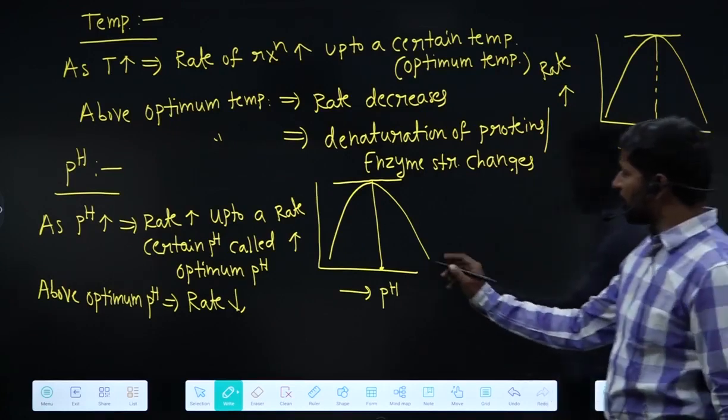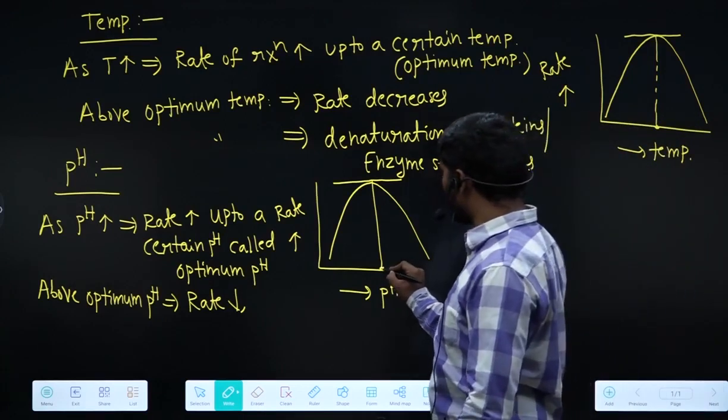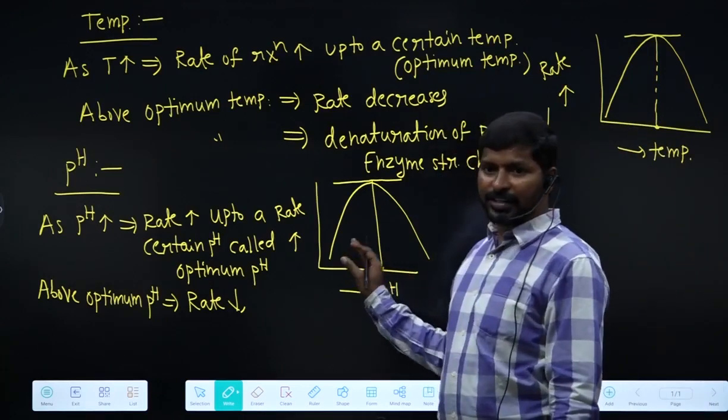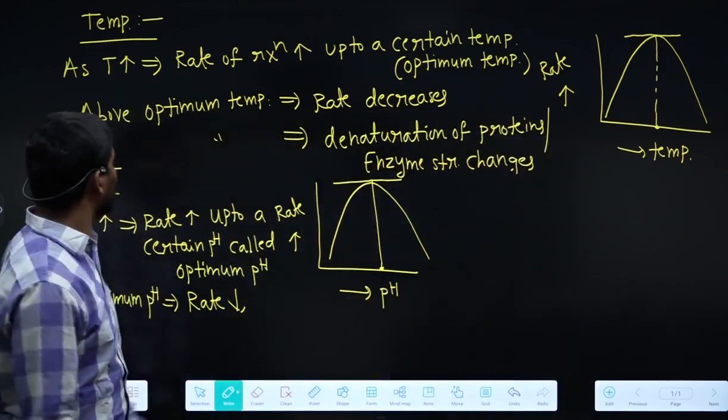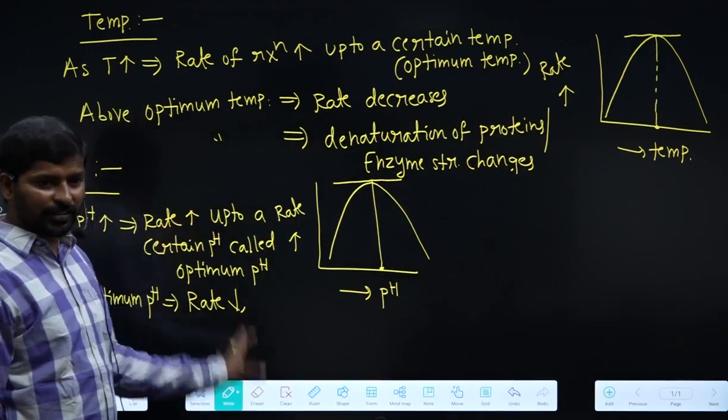So generally maximum rate is observed around pH 7 or where it exists in the form of deuterion. Okay, right? This is about enzyme catalysis reactions, Andy.